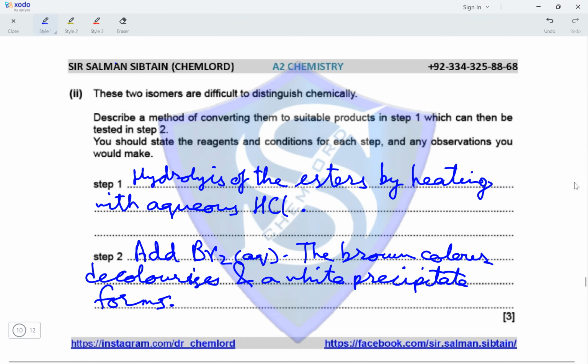This white precipitate would be 2,4,6-tribromophenol, and this would be possible with compound B. So we have stated the reagents and conditions for each step, and any observations you would make.